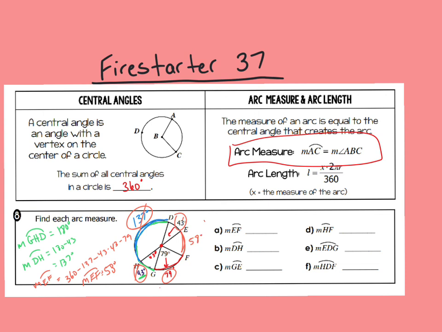Alright, so now I'm just going to kind of fill out whatever they're asking, and so look, EF, first thing we have to do, 58 degrees. DH, we already did that, 137 degrees. G to E. So I'm going to kind of erase a lot of these marks. So now we're finding G to E. So G to E is 79 plus 58.